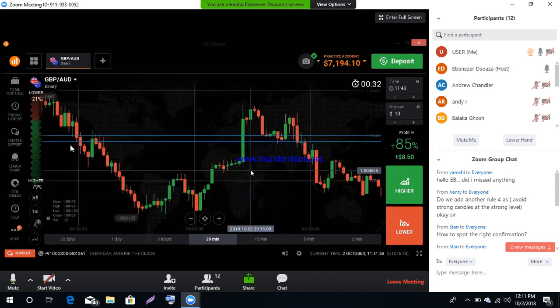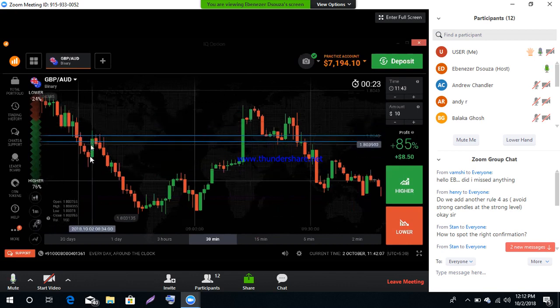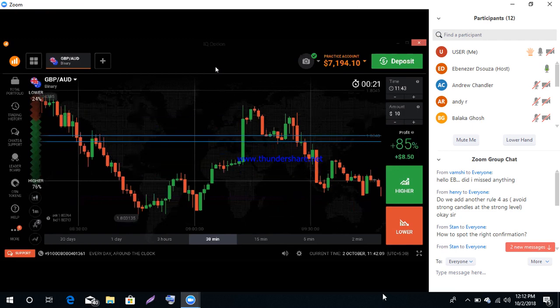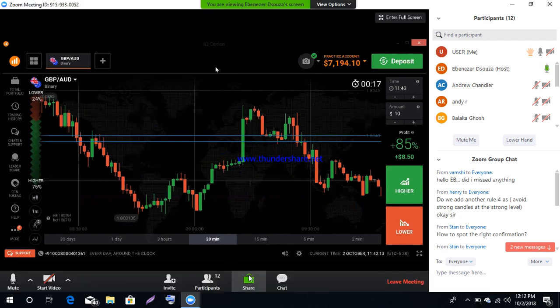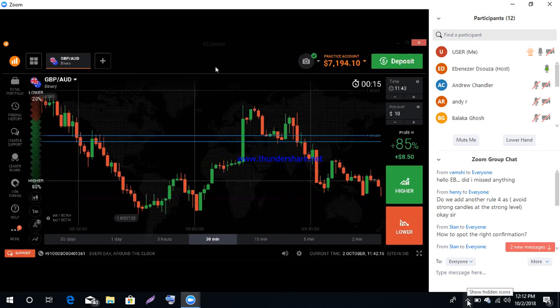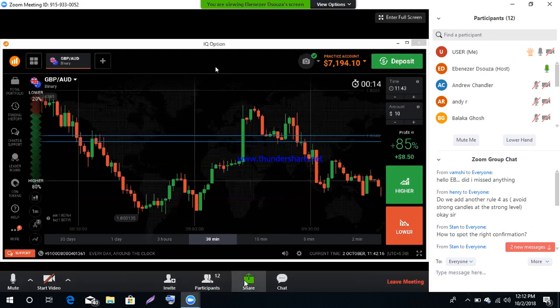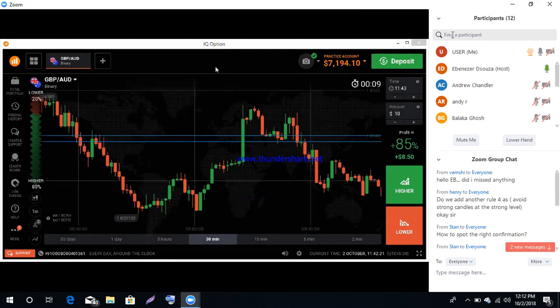Okay, zoom it in. Bro, can you see the green candle here? This one. What is your question? Draw here. You have the annotation option in the options. You can click on draw and select the first option, and you can draw.